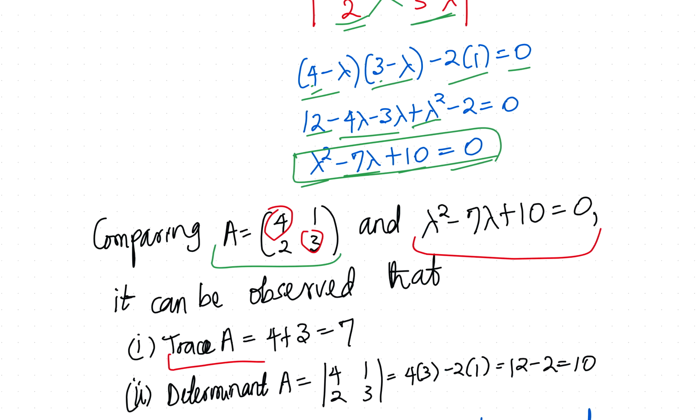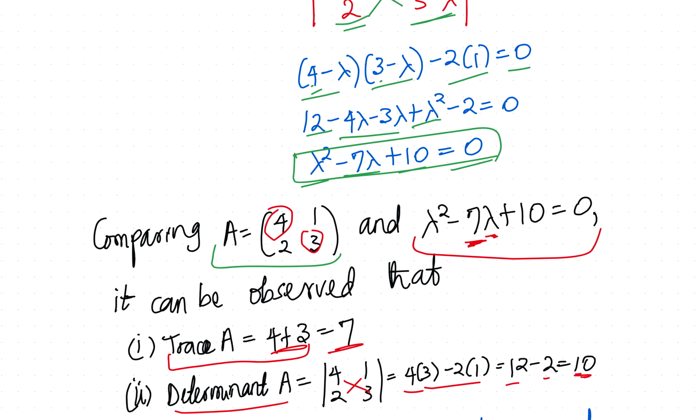That 7 is exactly the coefficient of lambda here. Check again: the determinant of 4, 1, 2, 3 is 4 times 3 minus 2 times 1, which is 12 minus 2, that's 10. This 10 is again the value you have here.